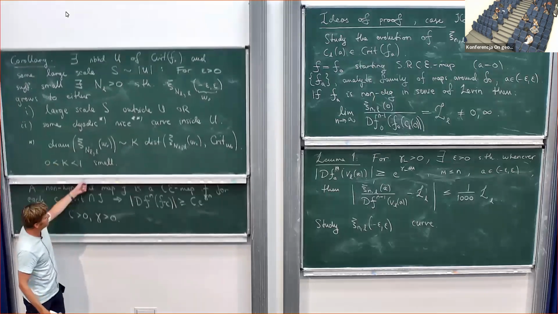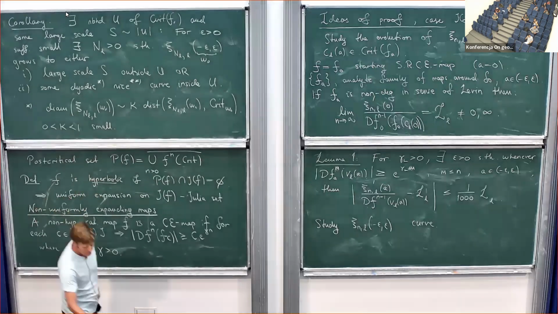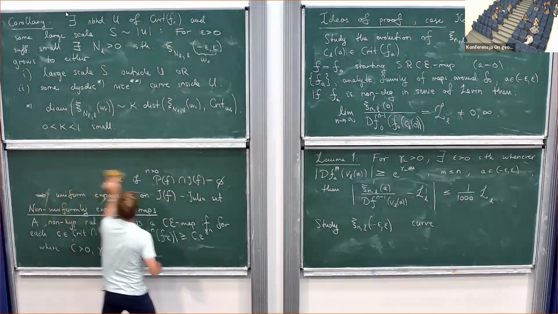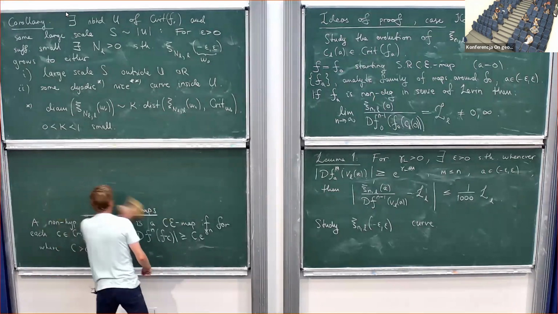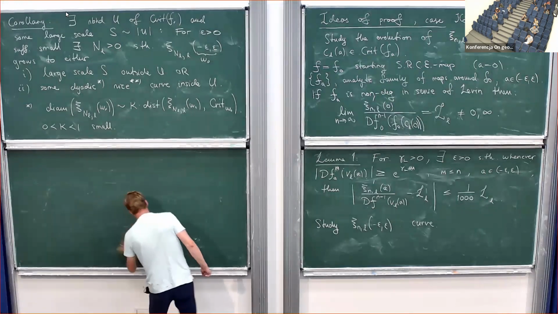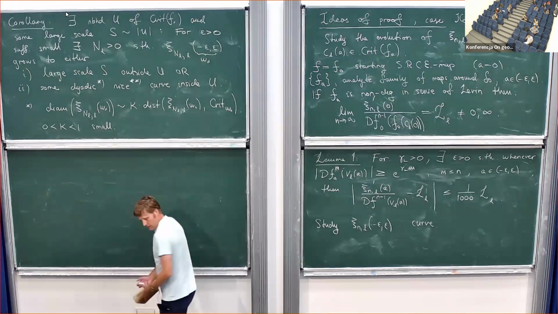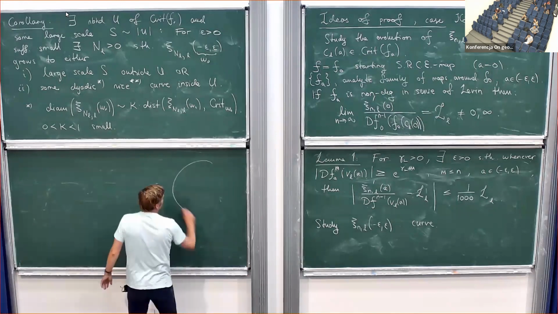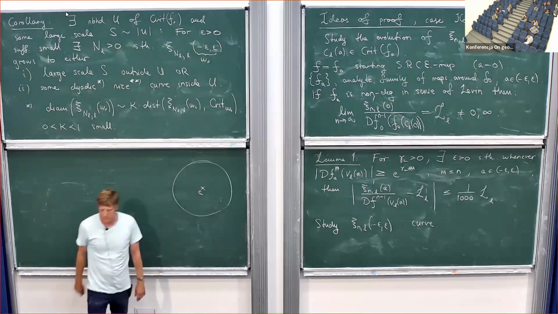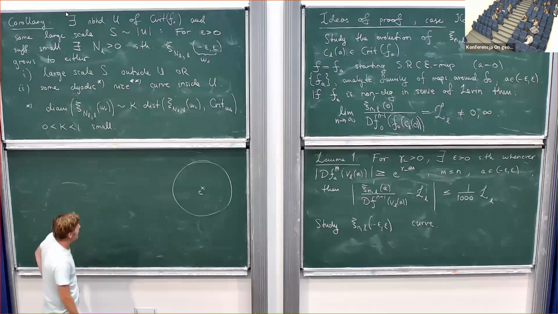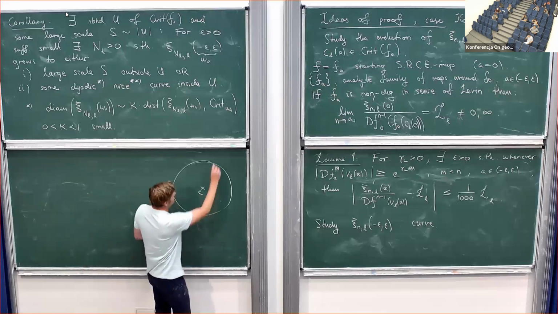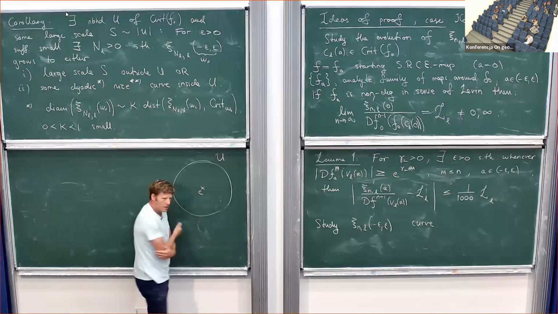So what the picture is the following. You have this neighborhood here. Here is the critical point C, some critical point, and you also want to make this construction such that if this is U, when you move the parameter, the critical point will also move, right?